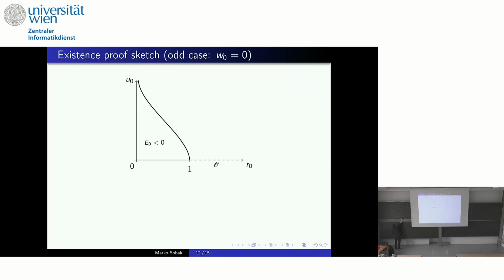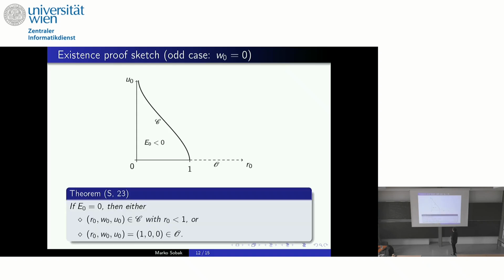There should be a 1. In particular, W is identically 0, so it tends to 0, and they are global, as I showed you before, because you have an explicit formula for them. So these ones belong to O, the oscillatory orbits.